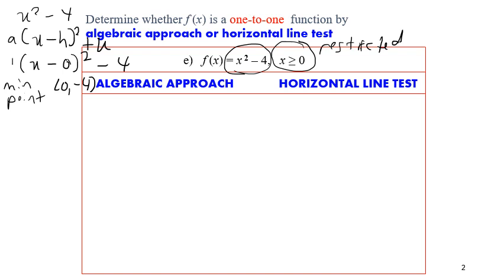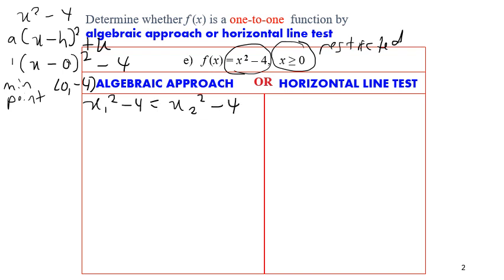But we need to show whether it is a one-to-one function using the algebraic approach. So from the algebraic approach, we will substitute x with x1 on the left side and x with x2 on the right side.